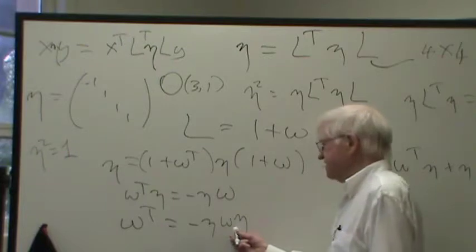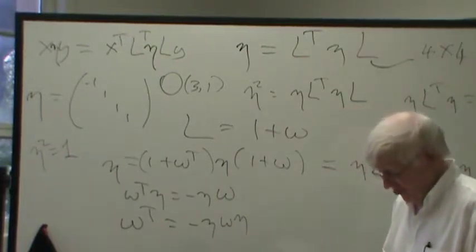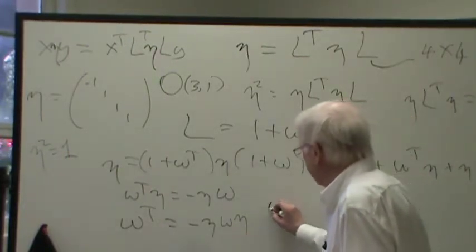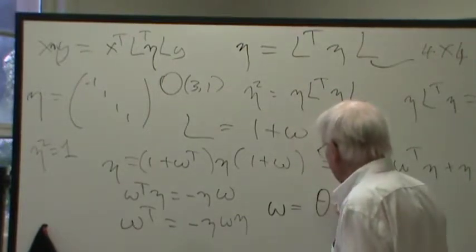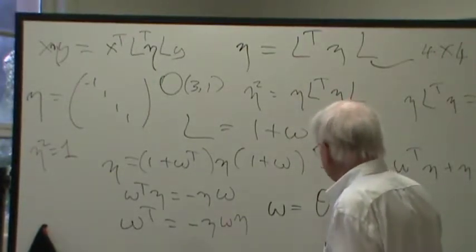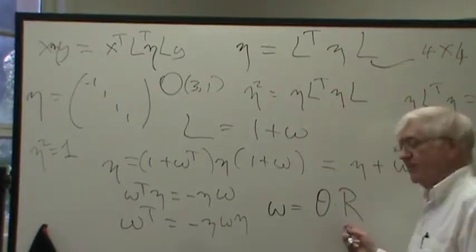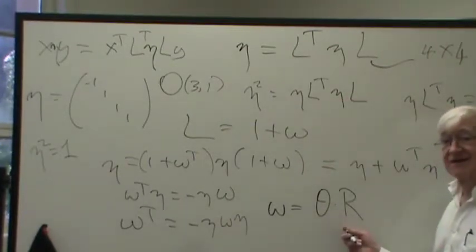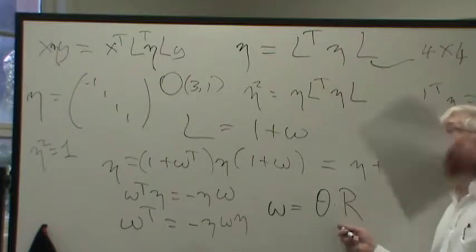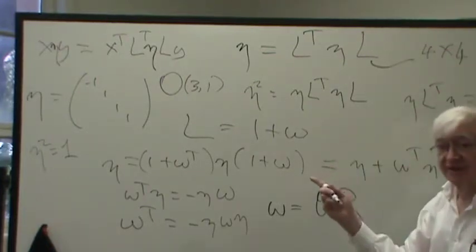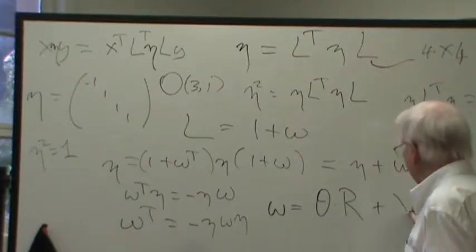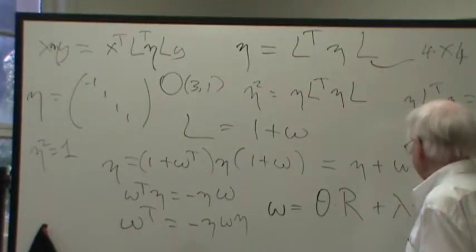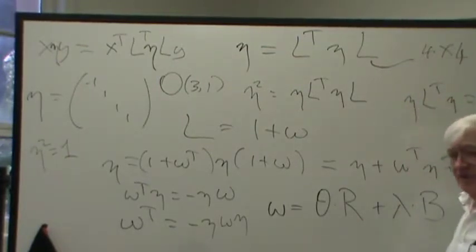Now, what this tells you is that omega can be written as 3 real parameters dotted into the 4x4 analogs of the omegas on the other side of the board, plus 3 real parameters dotted into 3 new 4x4 matrices.